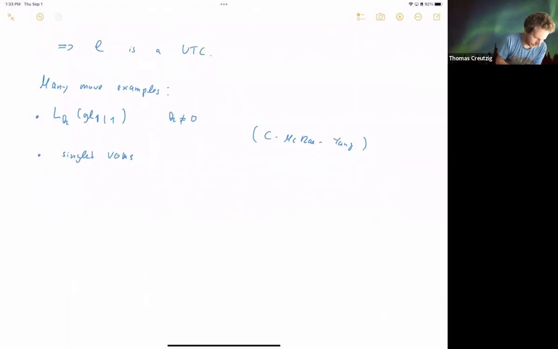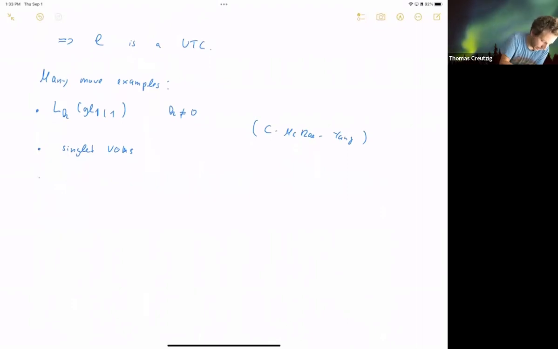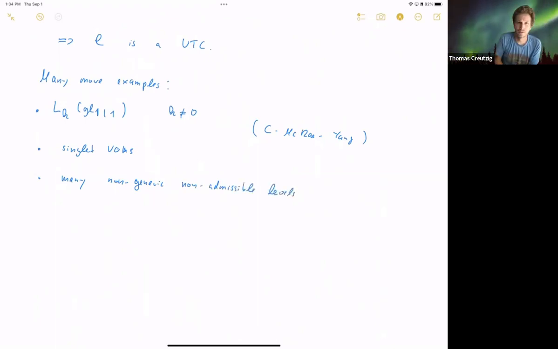Okay, and then it turns out one can also make statements about many non-generic levels, but also non-admissible levels. So somehow the hierarchy is: generic level is generic, this is just what it is. Admissible level is quite nice, but also very interesting and challenging.